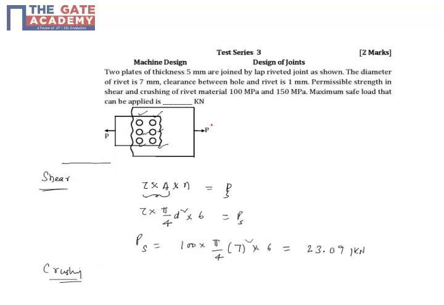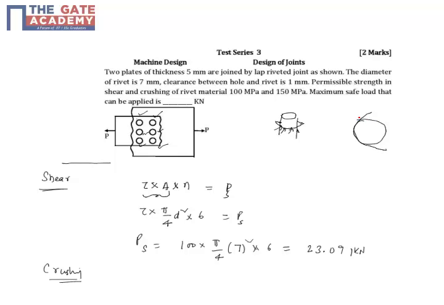Now crushing, what you have to understand is that when you have a rivet like this, and a plate like this, there's some clearance here and here. Crushing is basically because of the local compressive stress. Remember that the hole is bigger.